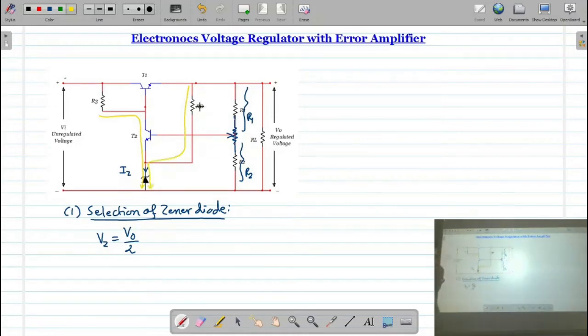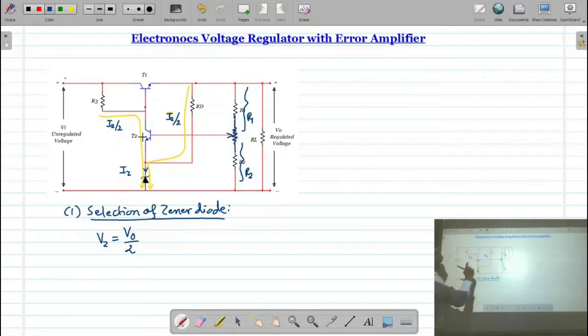Resistance RD is the current limiting resistance for the Zener diode. So when we are selecting IZ, you have to consider that half of the Zener current is passing through RD and half of the Zener current is passing through the collector of the transistor. So Iz by 2 from this transistor, Iz by 2 from the resistance RD, and that is going to make Iz.